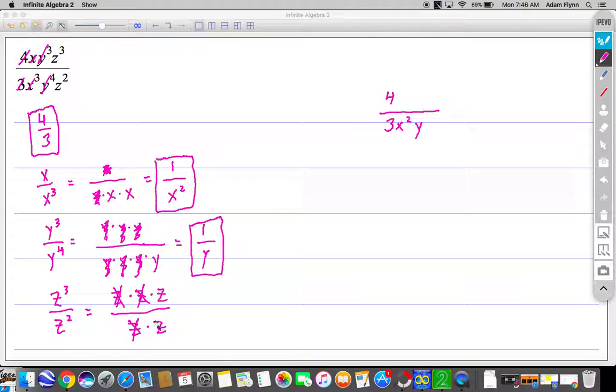I can cancel out my z's, so we are left with 1z in the numerator. I will take that z and put it right next to this 4. So this would be our final solution. Pause the video if you need more time. At this time, I recommend moving on to the practice for quotient of powers.